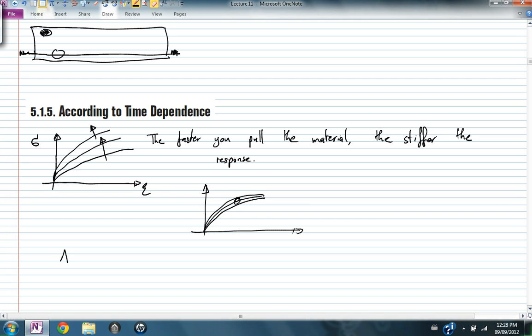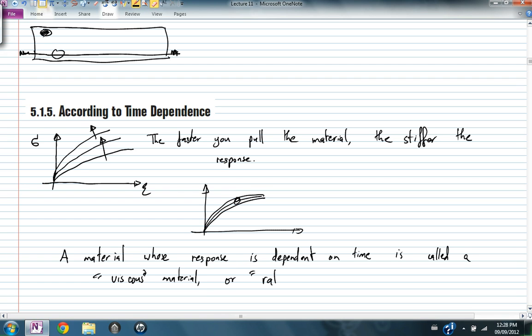So a material whose response is dependent on time is called a viscous material, or also called rate dependent.